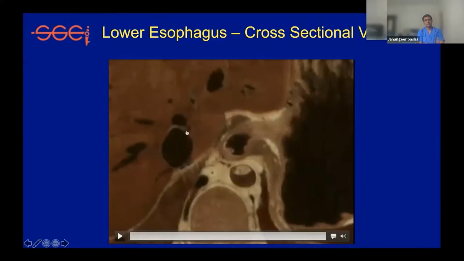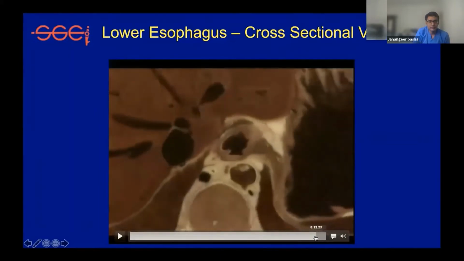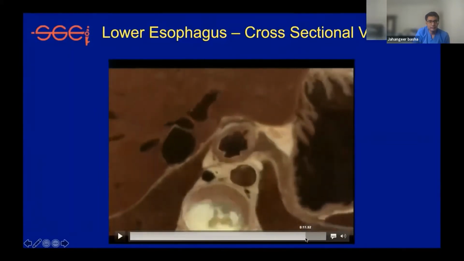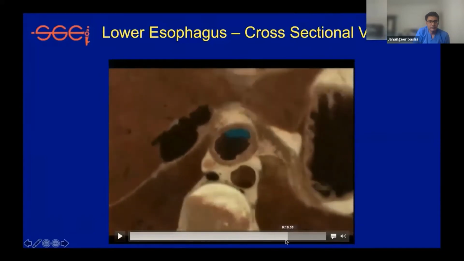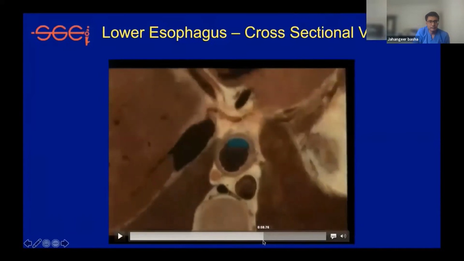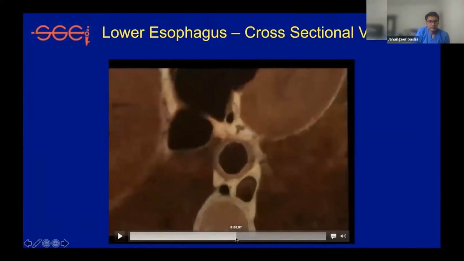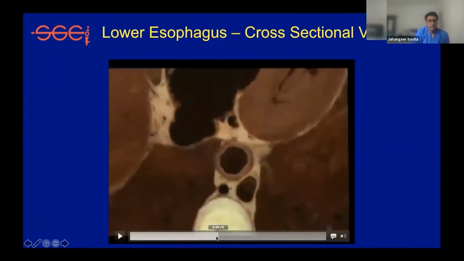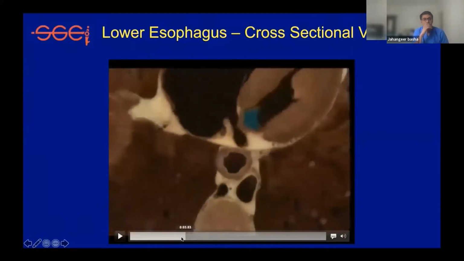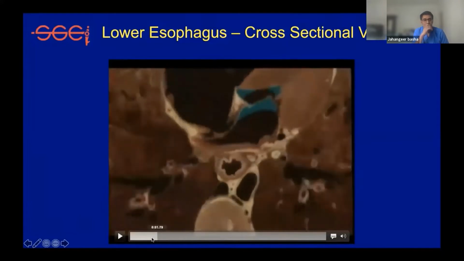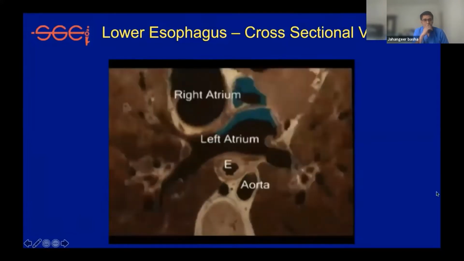From here, if you move clockwise, we can see the IVC. Once we see the IVC, we can appreciate the hepatic veins joining the IVC. If we further withdraw, we can appreciate the inferior vena cava joining the right atrium. On further evaluation, we can evaluate the rest of the structures.